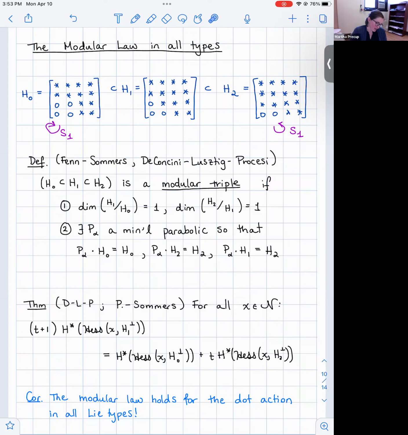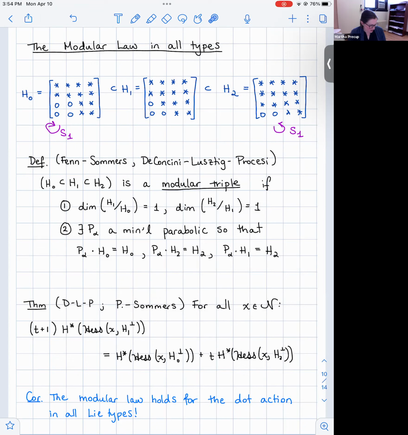So I'm going to phrase this using the nilpotent Hessenberg varieties, right? There's going to be a translation of the cohomology of the middle that's equal to the sum of the Hessenberg varieties on either side, with a specific translation T there to bump things up to the right degree.